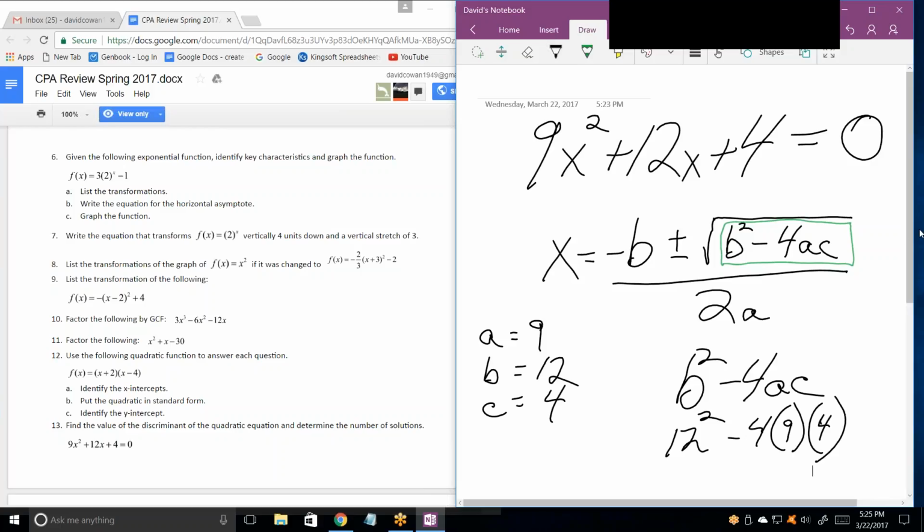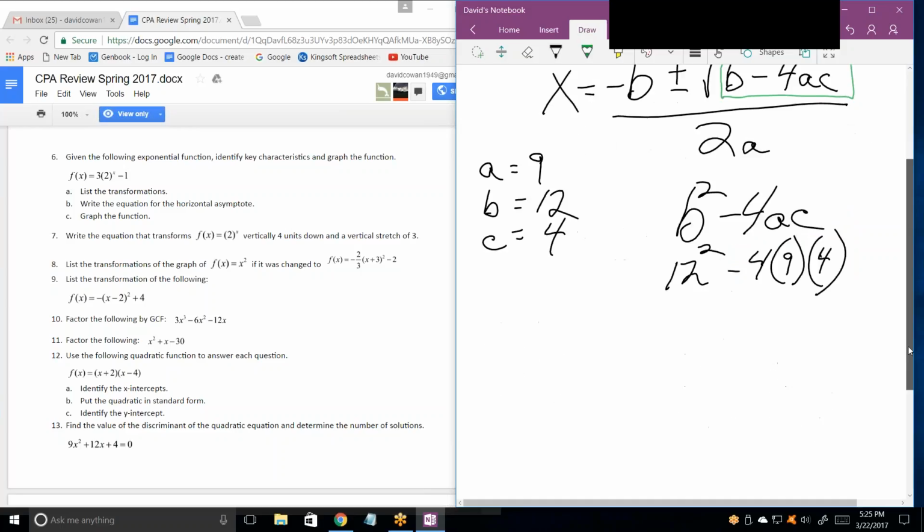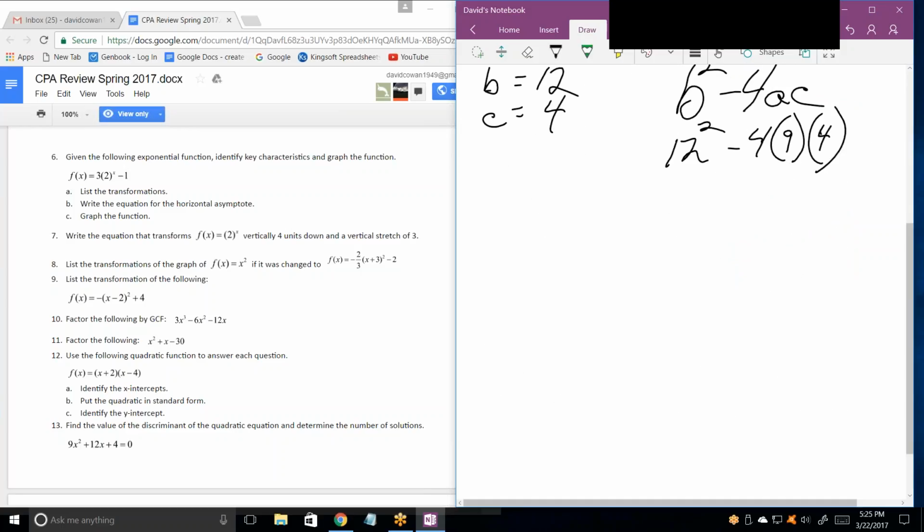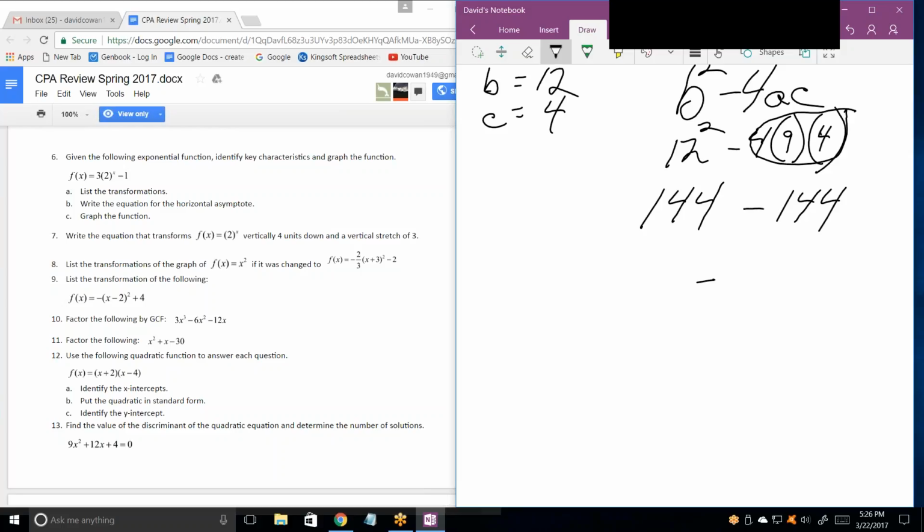If you try to do all of those in one step, it's really easy to make mistakes. Well, 12 squared is 144, and 16 times 9 is also 144. So the discriminant is equal to 0.